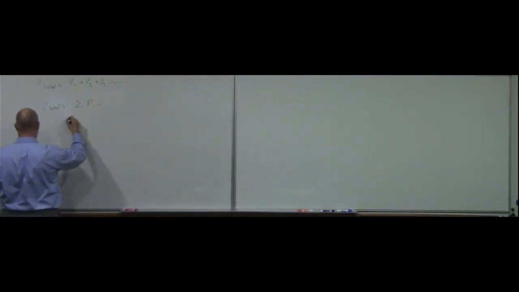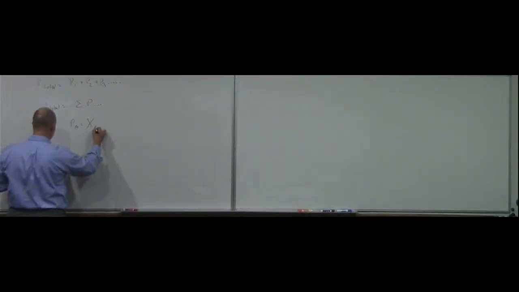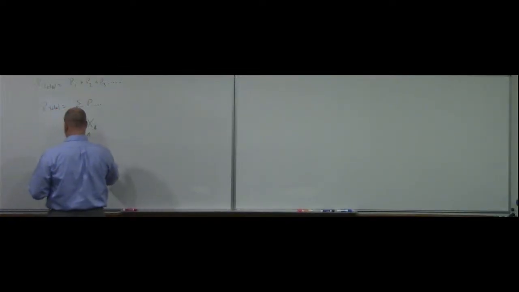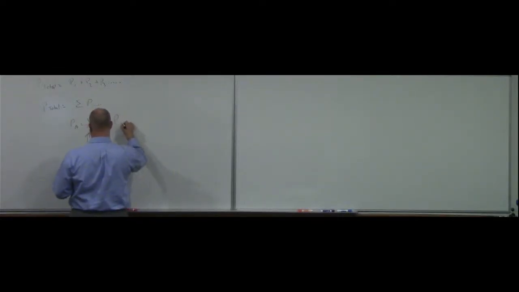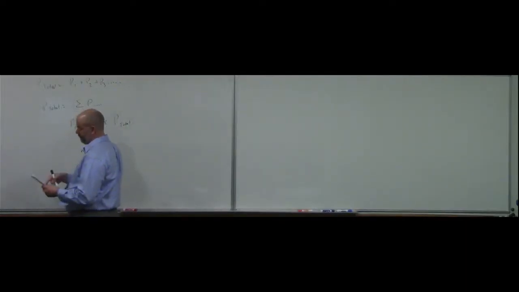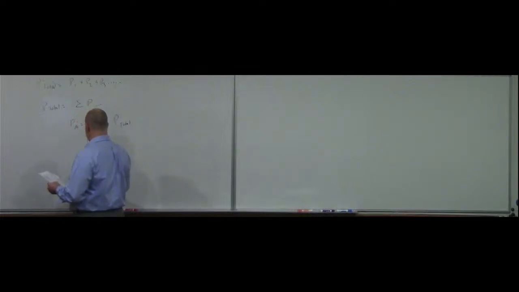Partial pressure of gas A equals its mole fraction. That's what that is, mole fraction, times the total pressure. Where this is the number of moles of A divided by the number of moles of the total.